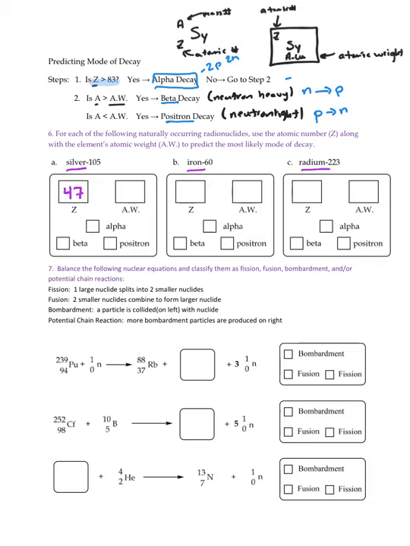Silver's element 47, iron's element 26, radium's element 88, and from that you can look at step 1. So right away I notice that radium has an atomic number that is greater than 83. And so because of that, I know that it's going to undergo alpha decay.